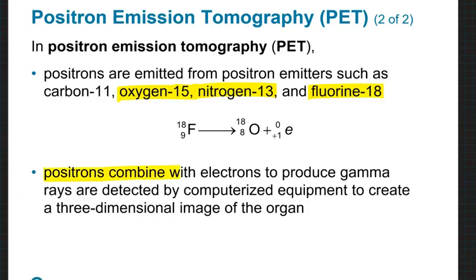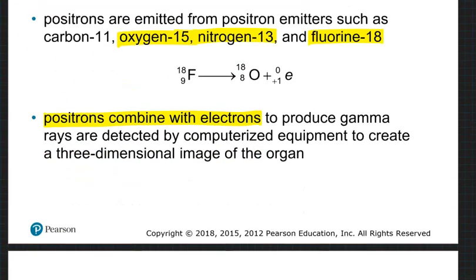When positrons are released, I really like the use of the word combine, but a much more impressive word is annihilation. Positrons and electrons, when they combine, destroy each other. I can prove it to you by writing a nuclear reaction of annihilation.